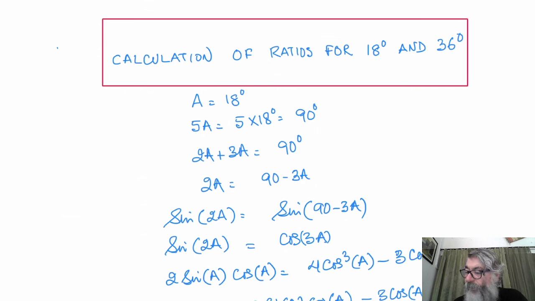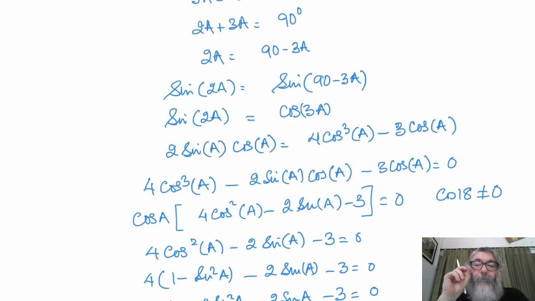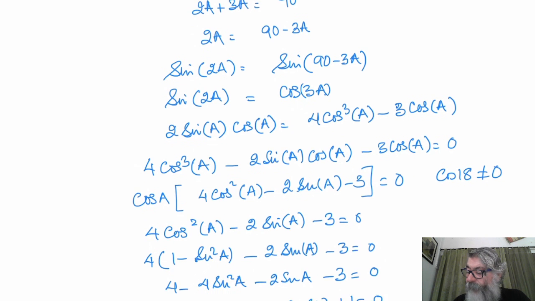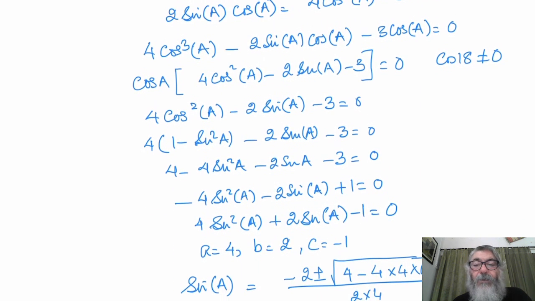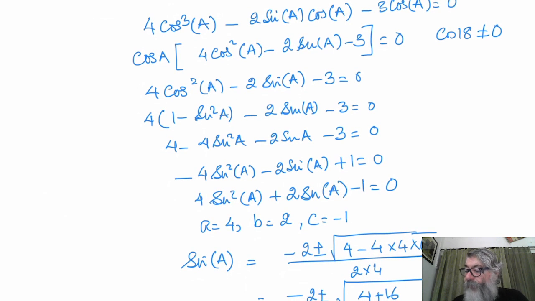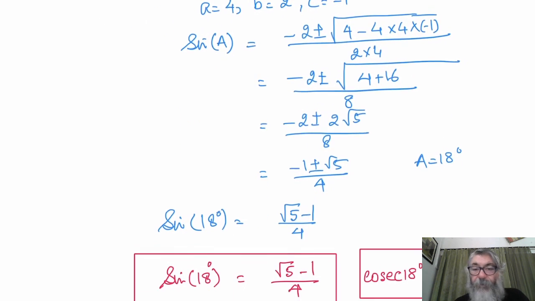We applied that and converted everything into one variable, either sin A or cos A, whichever is convenient. In this case, it was easier to convert into sine, so I converted everything into sin A. I got a quadratic equation in terms of sin A, and from that I calculated the value. So I could calculate sin 18 to be root 5 minus 1 upon 4.